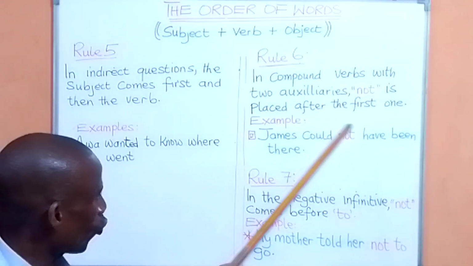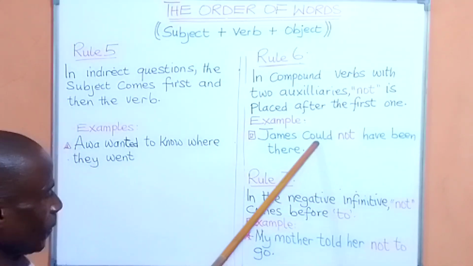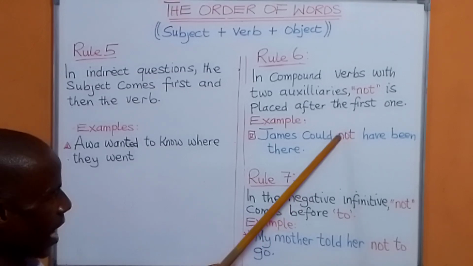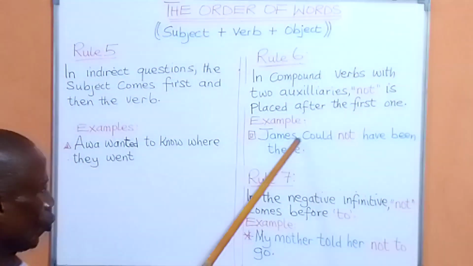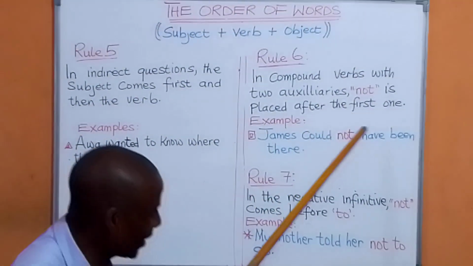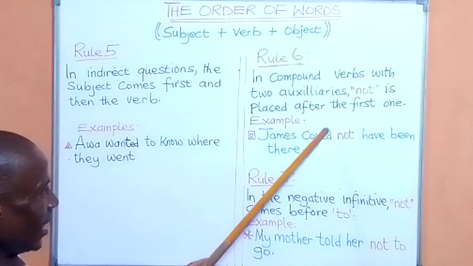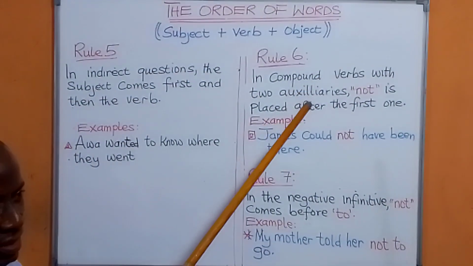You see, 2 auxiliaries, 2 verbs. You place not after the first verb. So you have could, you have verb. So you say, James could not have been there. Don't say James could have not. No. Don't do that.